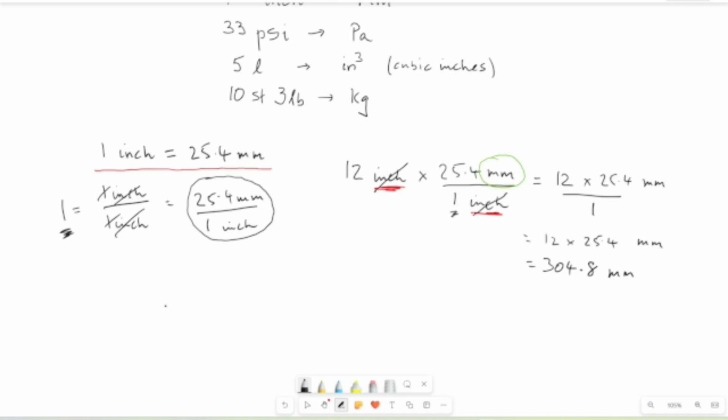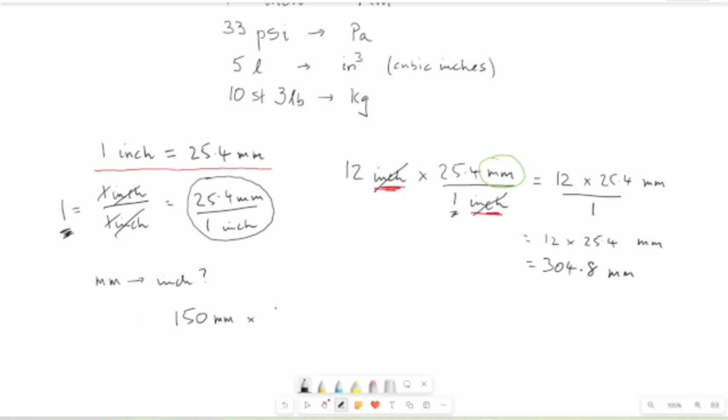If we had wanted to go from millimeters to inches, what would we do? For example, 150 millimeters is how many inches? Well, I want to multiply this by 1, where instead of writing 1, I'm going to write something that is equal to 1.